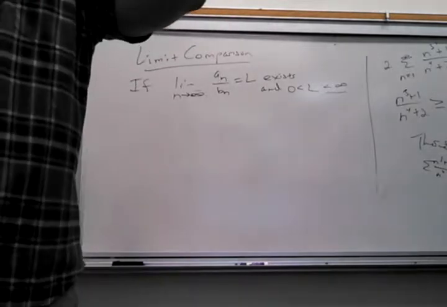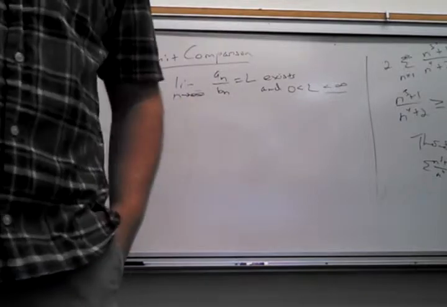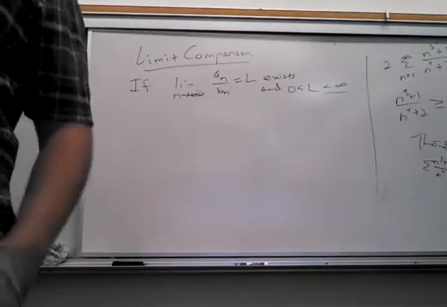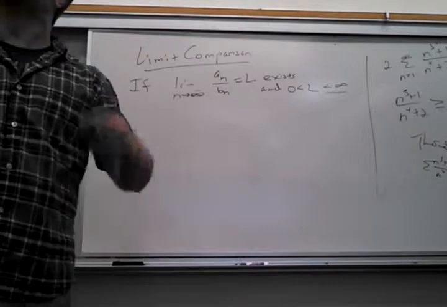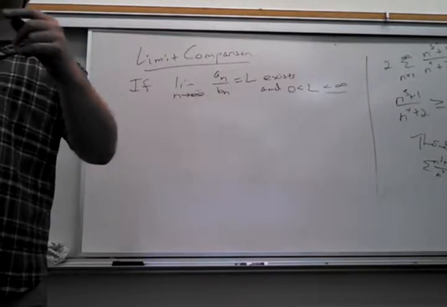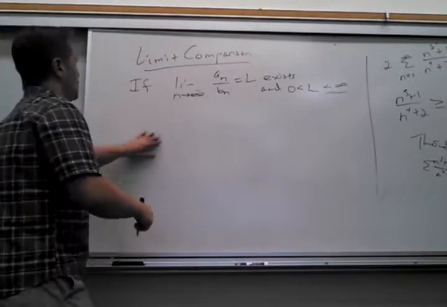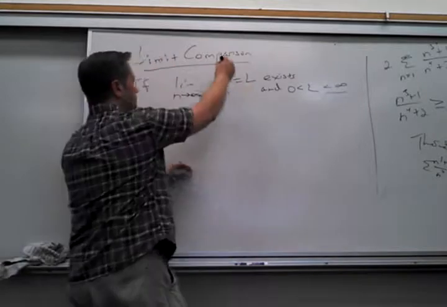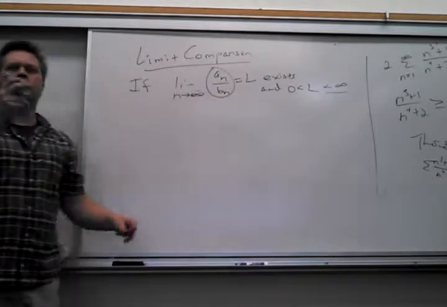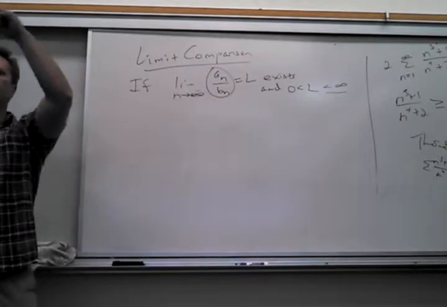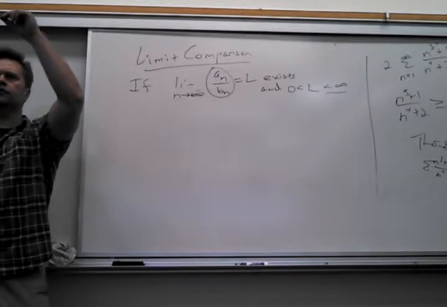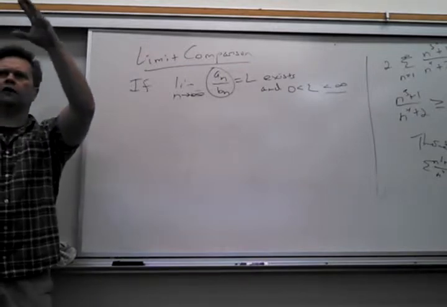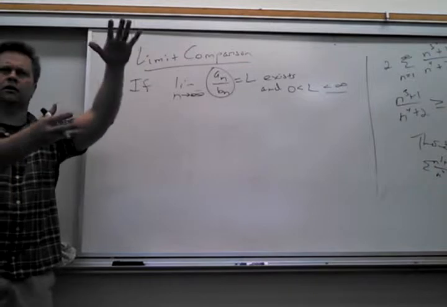1 over n cubed is even faster, and that's why p greater than 1 makes sense, because it increases the rate at which it's decreasing. I like that. That's awesome. Increases how quickly it's decreasing. So this feels like comparing degrees of polynomials as a shortcut to figuring out horizontal asymptotes, or what the limit's going to be.